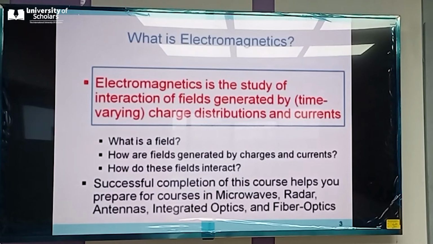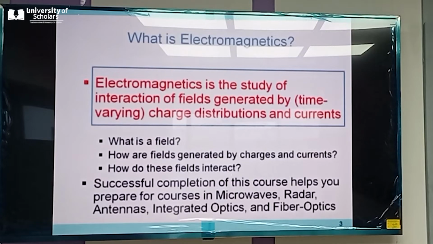Most of us are coming from a circuit theory background, right? This course is usually taken by electrical engineers, electronic and communication engineers, and also telecommunication engineering students in their second or probably third year of the curriculum.